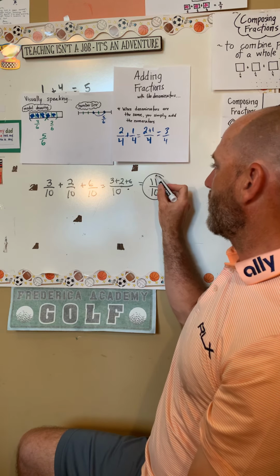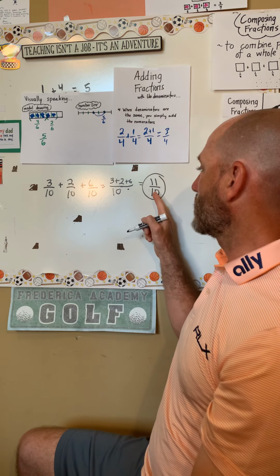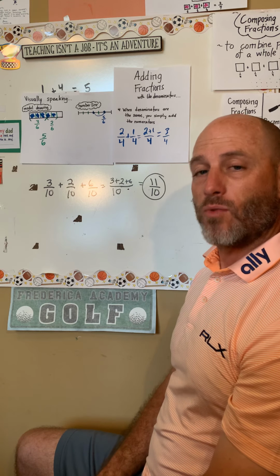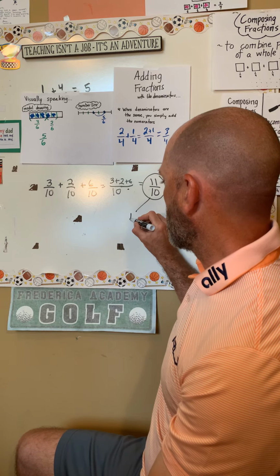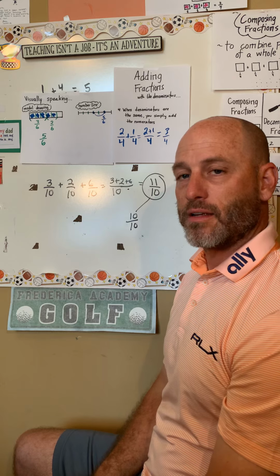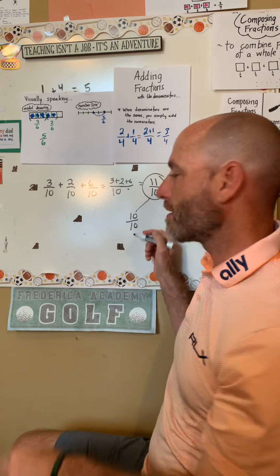Whenever I have a numerator larger than my denominator, I ask myself, how many 10/10 do I have in there? I know 10/10 is equal to 1 whole. So I can get one set of 10/10 out of that. And how many tenths do I have left over? I have 1/10 left over.